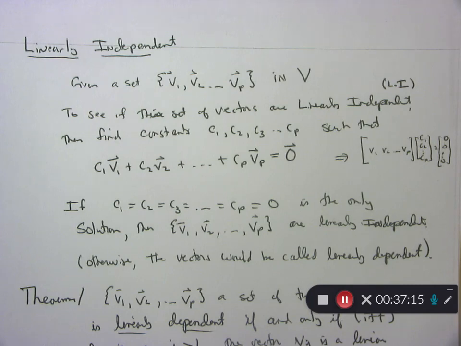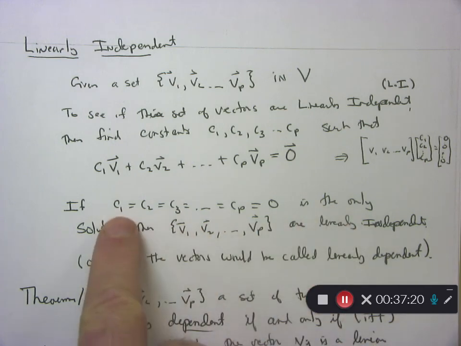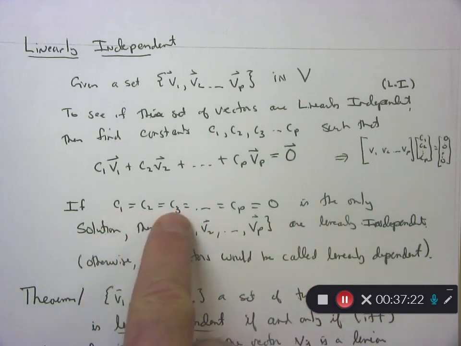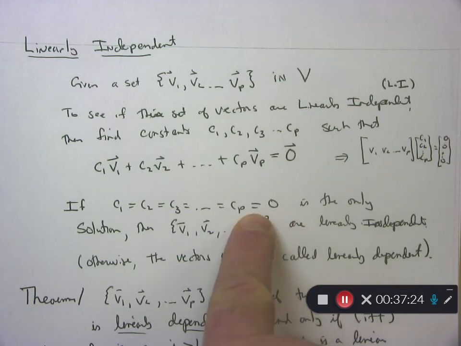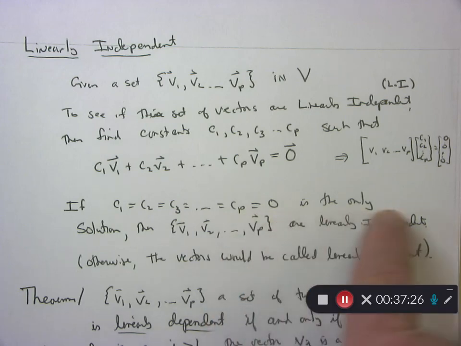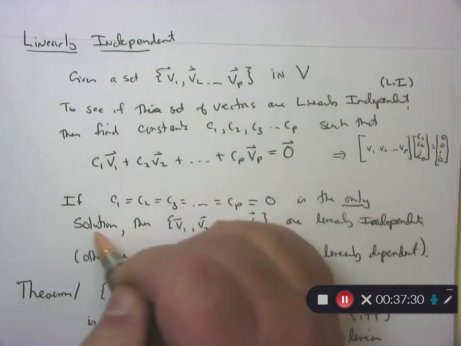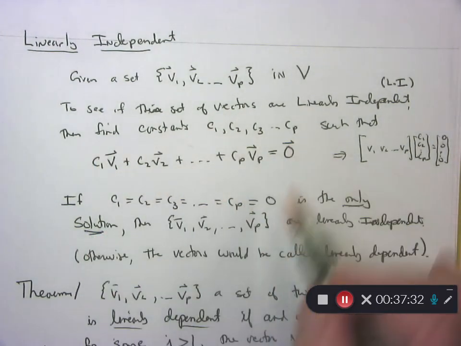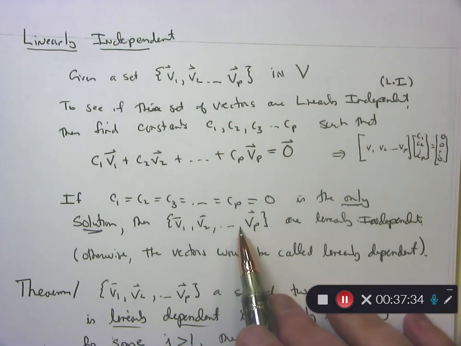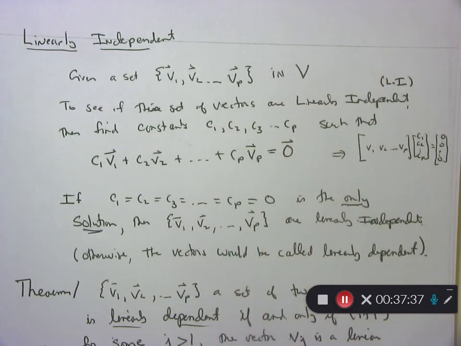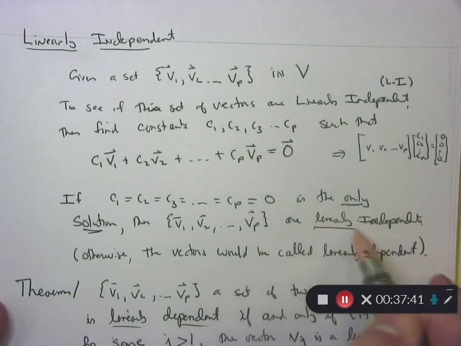You can't have multiple answers. If C1 equals C2 equals C3 all the way up to CP, and they're all equal to 0, is the only solution, and that's the key word, only solution, to this system of equations, then these vectors V1, V2, ..., VP are linearly independent.